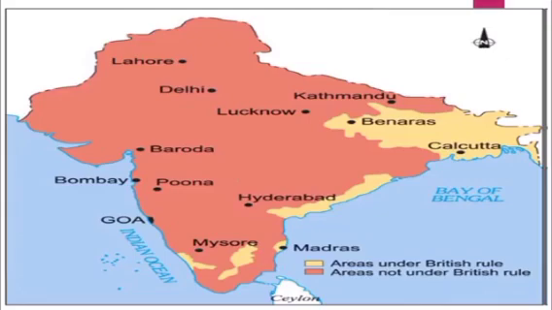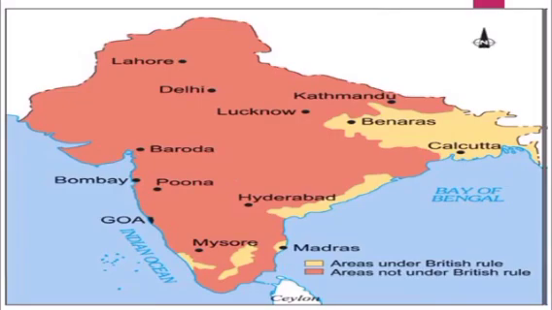Now, look at this map. Here, we can see the expansion of British territorial power in India. Here, yellow color represents area under British rule and red color represents areas not under British rule.